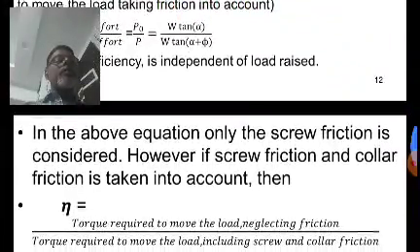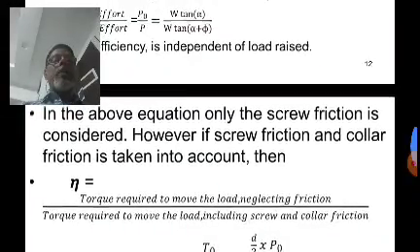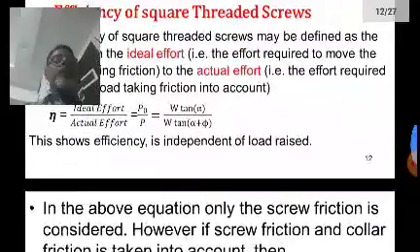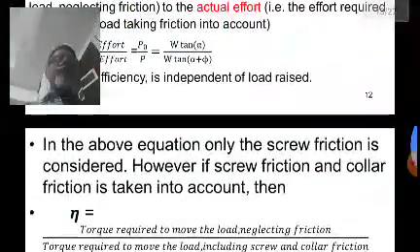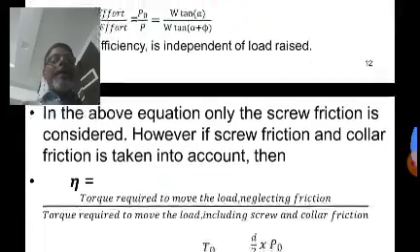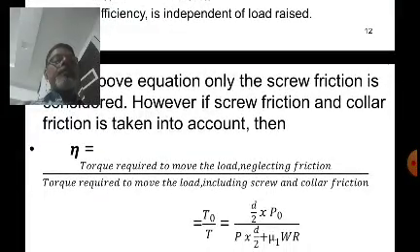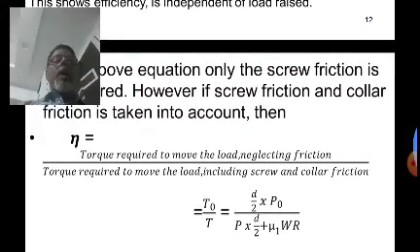Now in the above equation only screw friction is considered. However, if the screw friction and the collar friction are taken into account, see here in this equation we considered only the screw friction, the friction between the screw and the nut. Now if you consider the friction between the screw and the nut and the friction of the collar, then the efficiency is equal to the torque required to move the load neglecting the friction, divided by the torque required to move the load including the screw and collar friction.